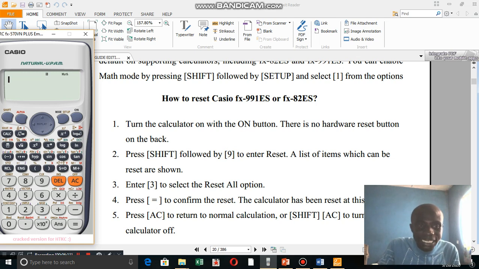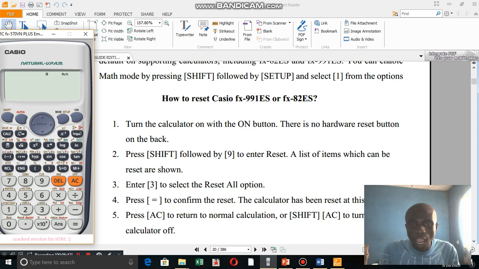So you see a Math and a degree sign, the capital D, which means that your calculator is in the default mode. This does the normal calculation in decimal. You can change the mode of your calculator to other modes such as number base, quadratic equation, and a lot more.